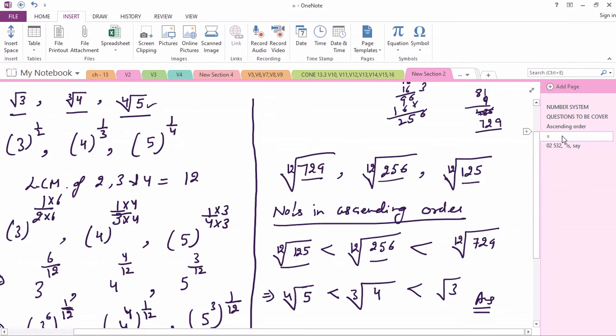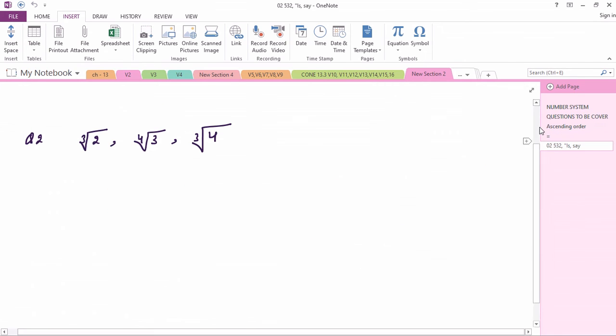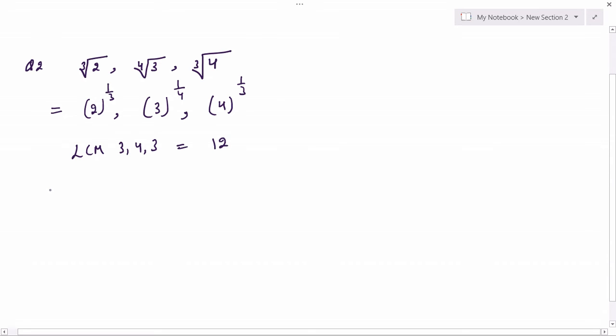Let us do one more question based on this kind of question. Okay, now again the same steps we are following here also. 2 raised to power 1 by 3, because first of all we can convert each number into power form, like this. Now you take the LCM of 3, 4, 3, this would be 12.